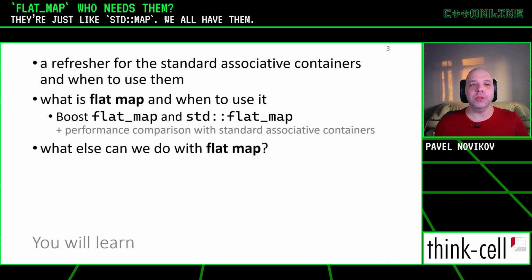We'll look at performance comparison between different implementations and different containers, and we'll look at what else we could do with the flat map to make it more usable and convenient.